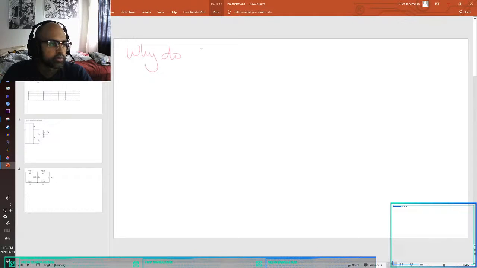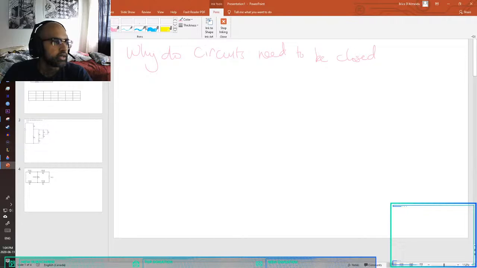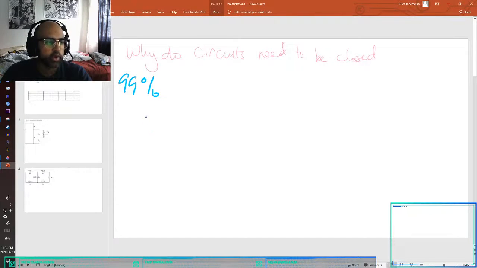I mentioned a couple things before. 99% of the times, the easiest way for electrons to go from a high potential, let's say this is the positive side, to the negative side, well, we know the electrons actually go the other way around.